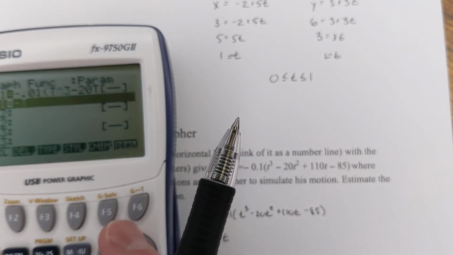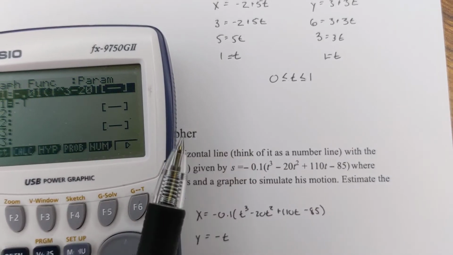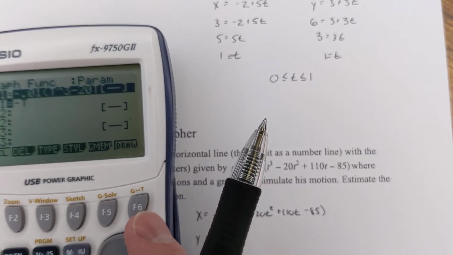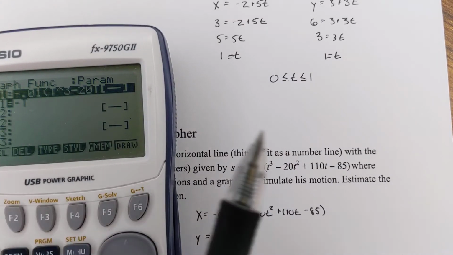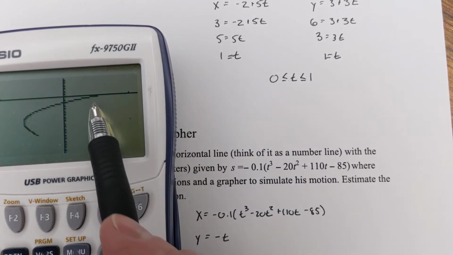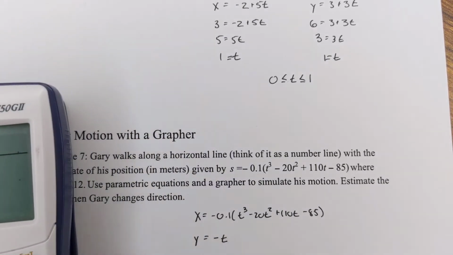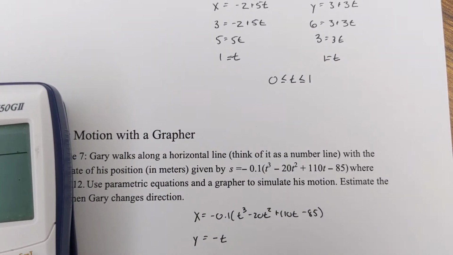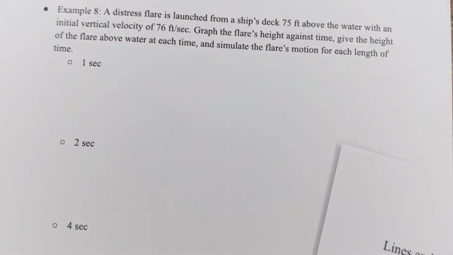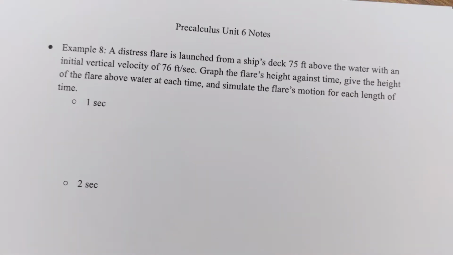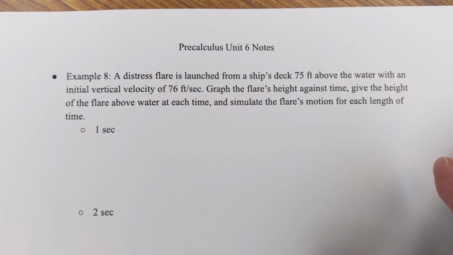Normally it's in the setup, but this actually starts at 0 and goes to some other arbitrary number. You'd have to change the scale to get it to be the actual graph. The graph actually does something like this, so you're looking at where he changes direction at those two values. Okay, but anyway, example 8, simulating motion.